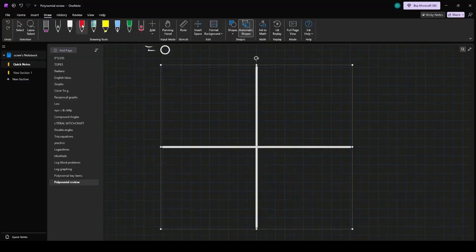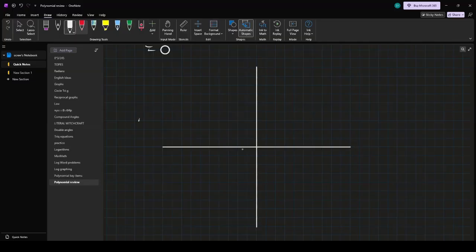I'll just do it right there. So 1, 0; 5, 0; 0, 0.